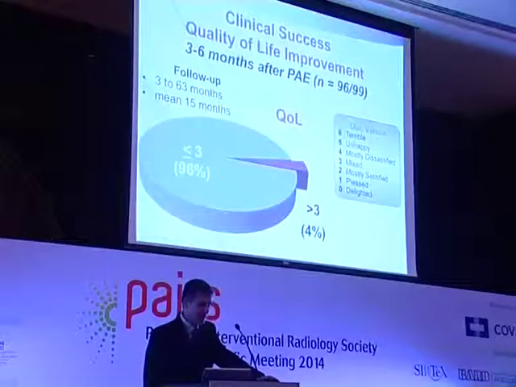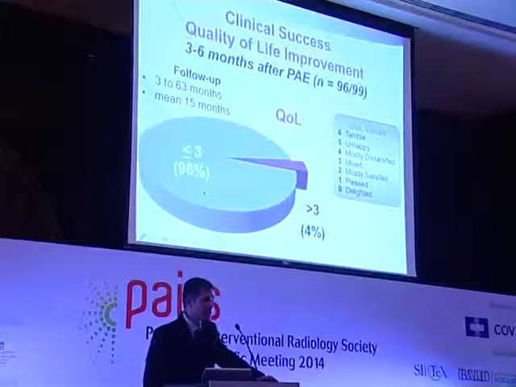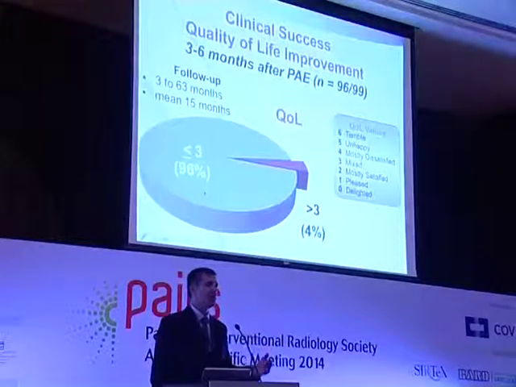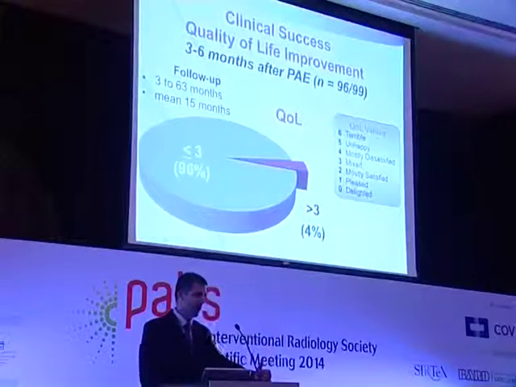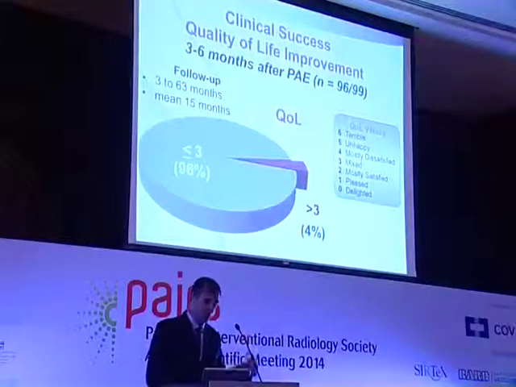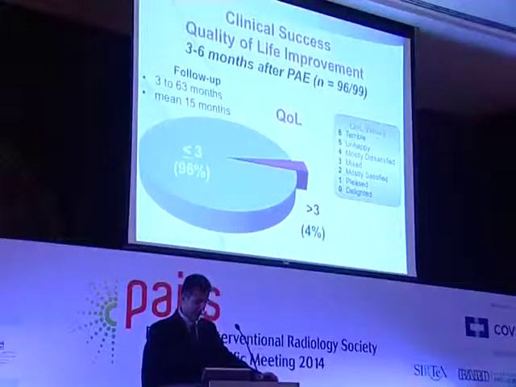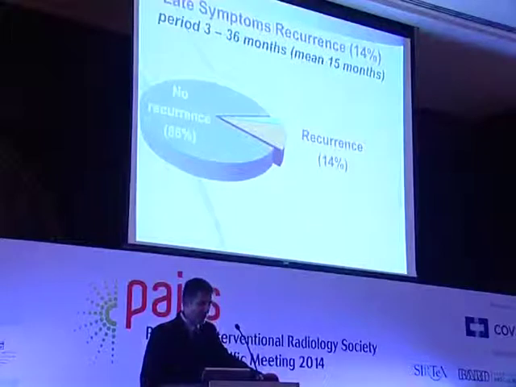Quality of life, 96% of these patients. You see that we have more than 5 years of follow-up in our 2 initial patients. One of them just died due to a stroke, and the second patient is still alive. So quality of life improved a lot.